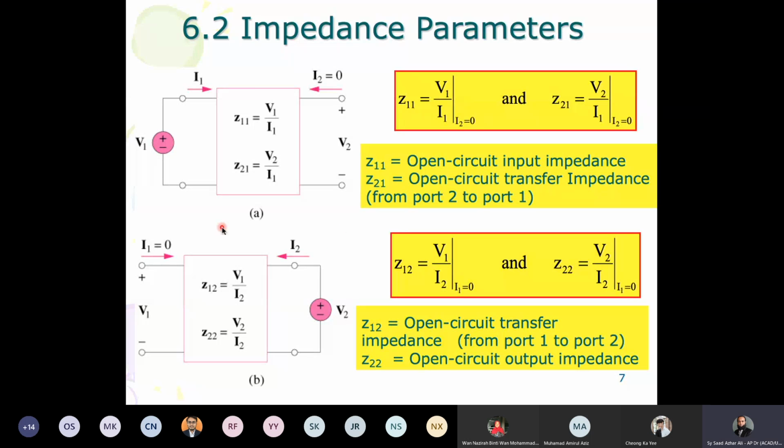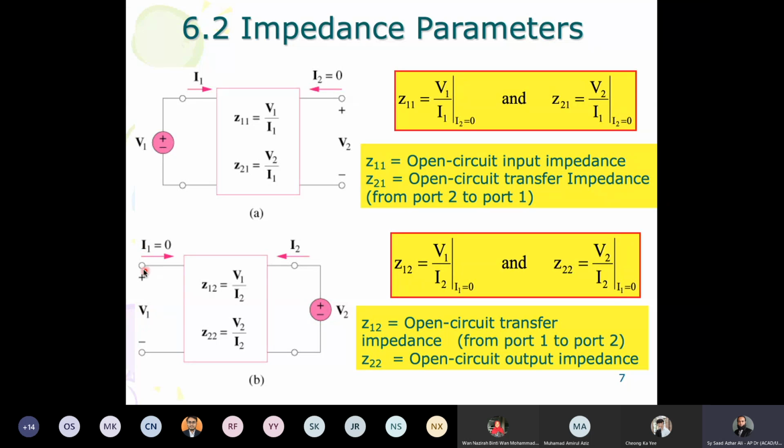Similarly, if you're looking for Z12 and Z22, Z12 is V1 and I2. So obviously, just like this one, we set I2 equal to 0. This one, we put I1 equal to 0. So for V1 and I2, we're looking for this V1 and finding the relationship between V1 and I2. But this time, this is open circuit here. There is no source.